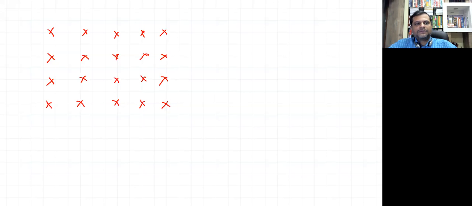So suppose that a particle is projected in this direction here, and suppose that its velocity is going to be v. Okay, so what happens is it experiences a force due to this magnetic field.